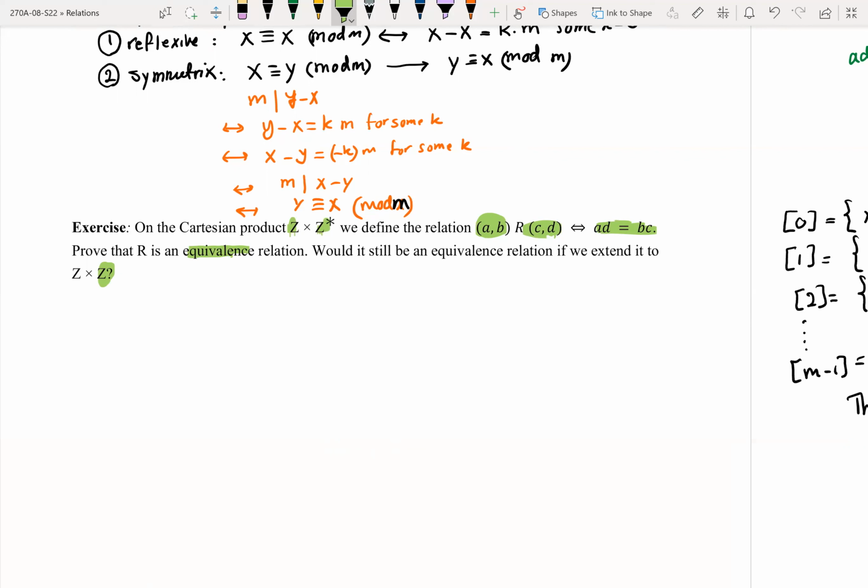Is the Cartesian product an alternate name for the cross product? Is it the same thing? No. Cross product gives you a vector, so whenever you do the cross product, you end up with a vector, while the Cartesian product is the set of ordered pairs.